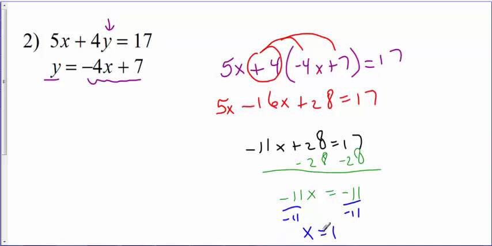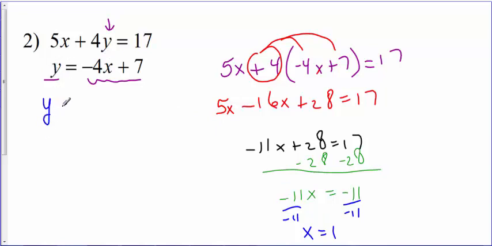Now that we know what x is, we can substitute it back in for the x variable. We know x is 1, so we could either substitute it in for this x variable and solve for that y, or we can use the easy equation, which is in slope-intercept form, and put that 1 back into this x, which will allow us to solve for the y.